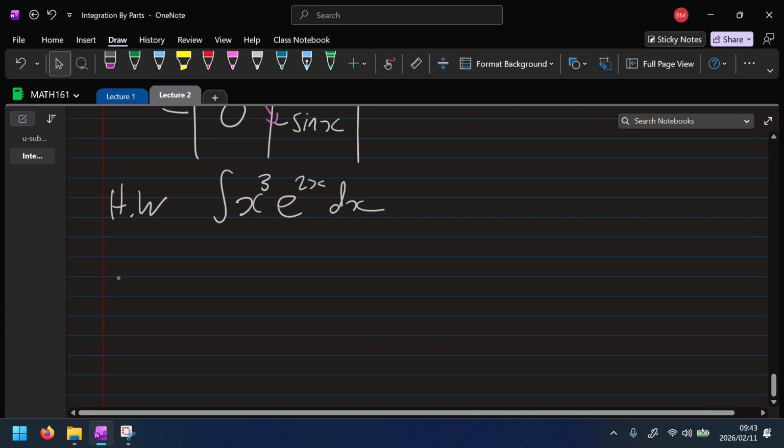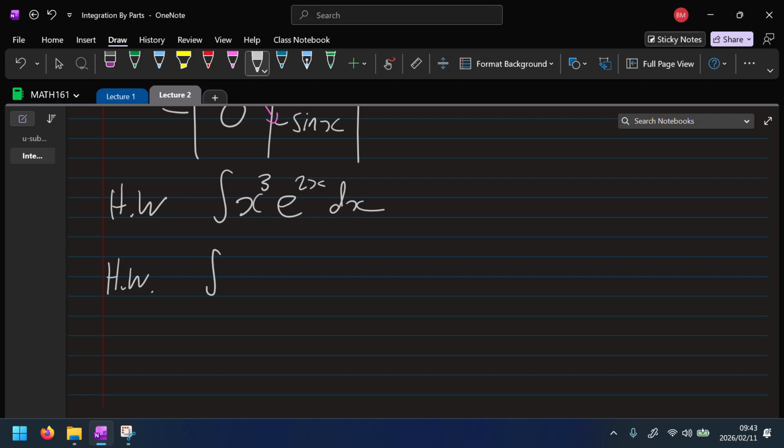And then the last bit of homework before we get to the next section is the integral of e to the x cos x dx. So this one makes it a bit more difficult choosing which one is u and which one is dv. Because if we choose e to the x to be u, the derivative is just e to the x.